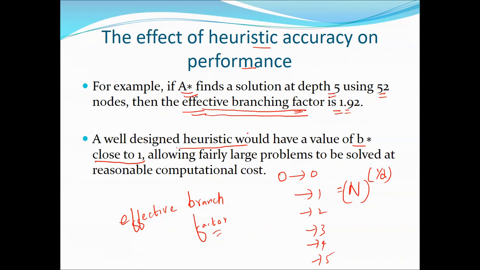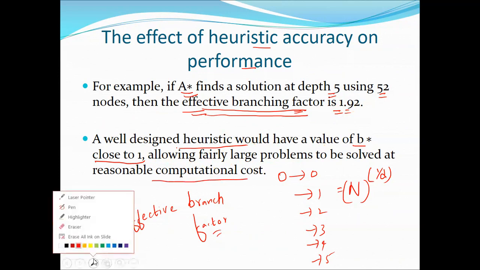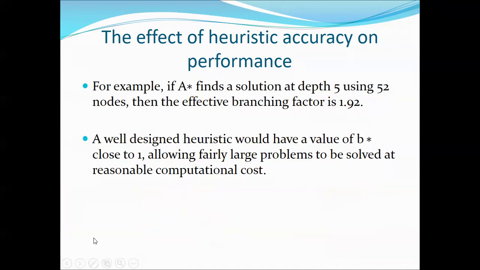If the effective branching factor is close to 1, then it allows fairly large problems to be solved at a reasonable computational cost. So that is the key. Even large problems can be solved at less computational cost.